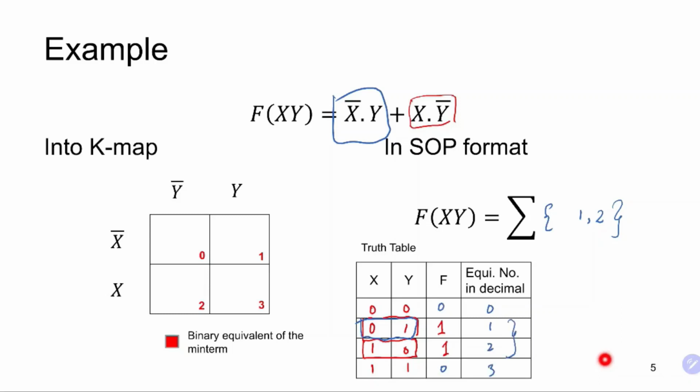Only these two product terms appear in my sum of products. So in terms of the K-map, we go 0, 1, and then 1, 0. Very simple for 2 variables, but when we extend it to 3 and to 4, you have to know how to do that as well.